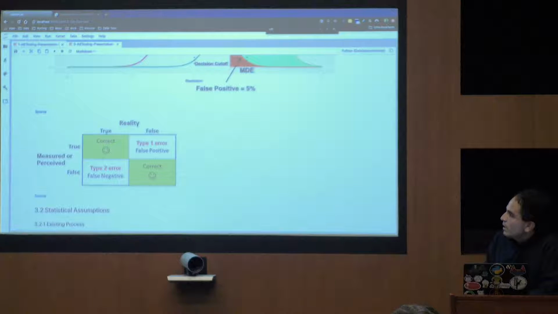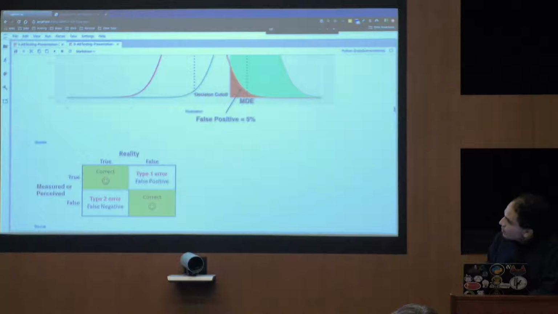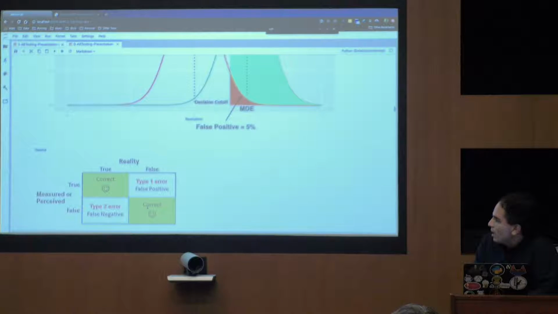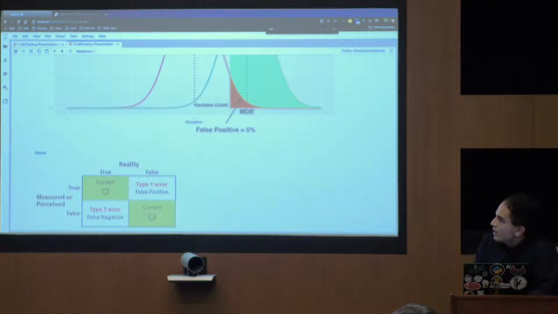And then right here would be your power calculation. Right here would be 1 minus beta, which is 1 minus your probability of a type 2 error.